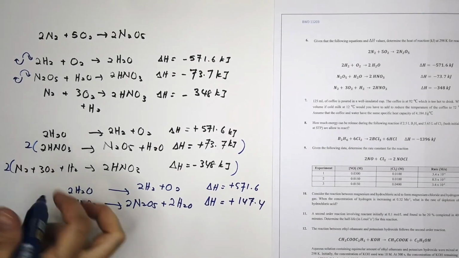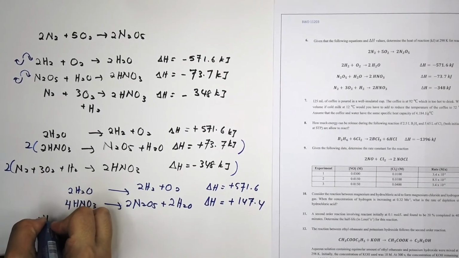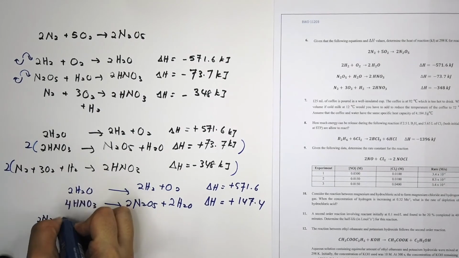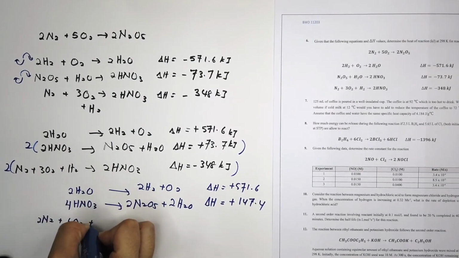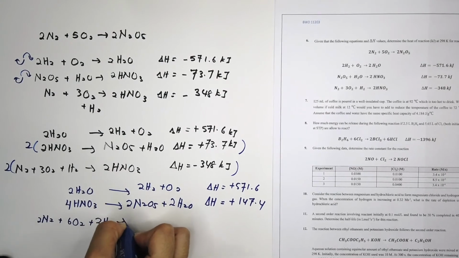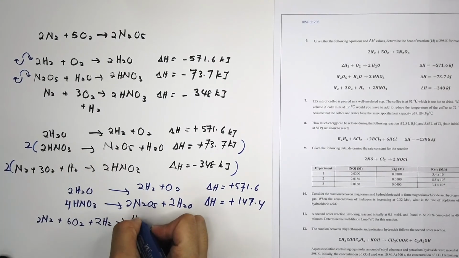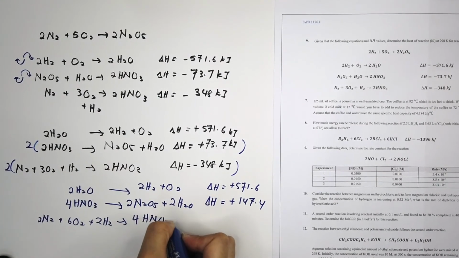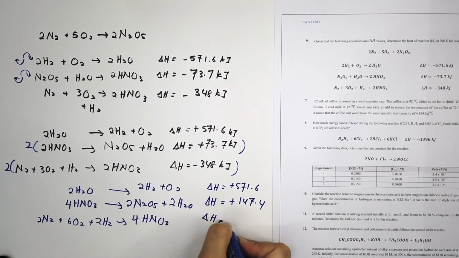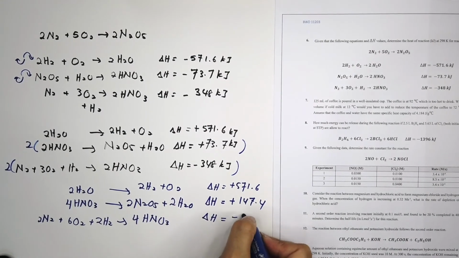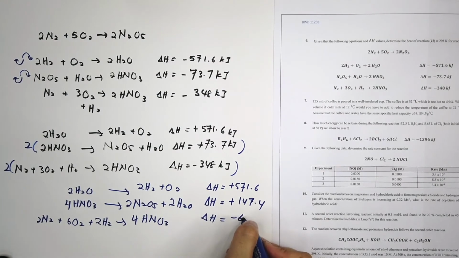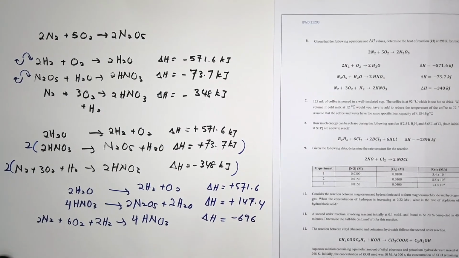And the last one is 2N2 plus 2 times 3 is 6O2 plus 2H2 will produce 4HNO3. So your delta H is equivalent to negative 696 kilojoule.